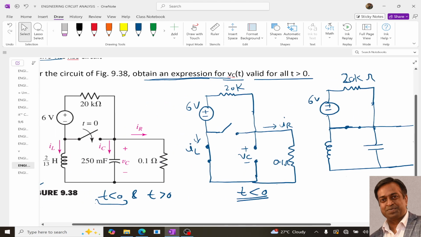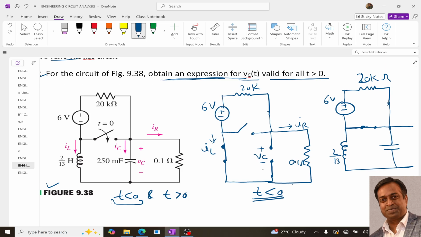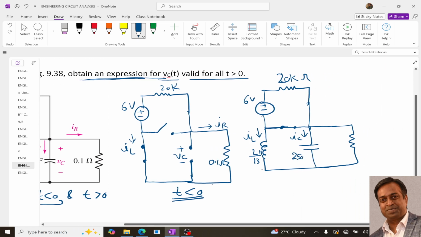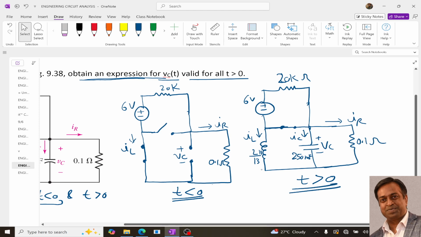Over here the inductor is 2/13 H. This is IL. This is IC. This is 250 microfarad, with voltage VC, and this is 0.1 ohm, and this is IR. This is the circuit at t greater than 0.